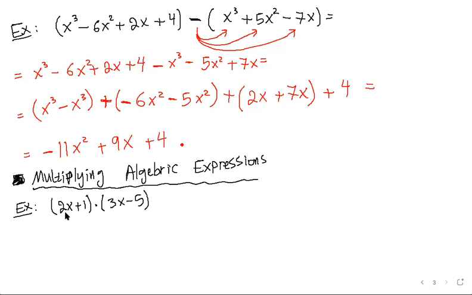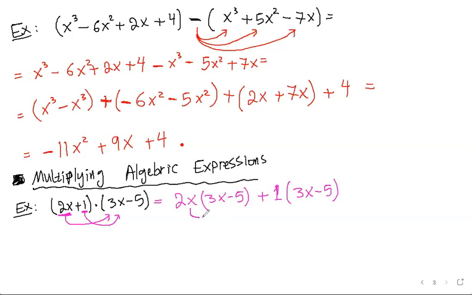I mean, distribute the 2x to the other parentheses. As he said, we multiply the 2x to this parentheses and the 1 to this parentheses. So this is equal to 2x times 3x minus 5, plus 1. The 1 is like 1 times 3x minus 5.